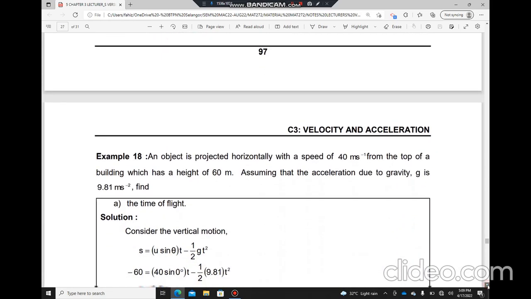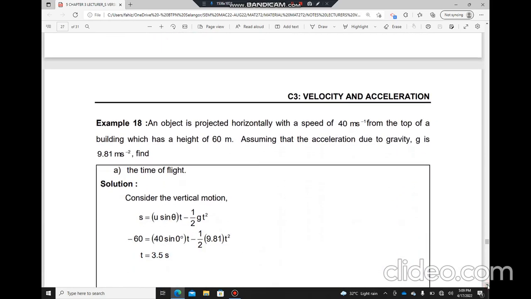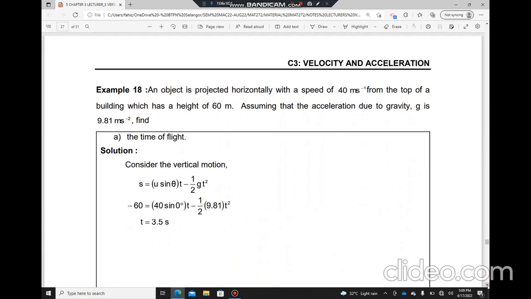Okay, next example 18. Example 18 pun sama, the time of flight. So means you need to find t. Kat sini s is negative 60 sebab from the top of a building which has height of 60 meter. Then object is projected horizontally with a speed of 40 m s^-1. So you can use this formula.